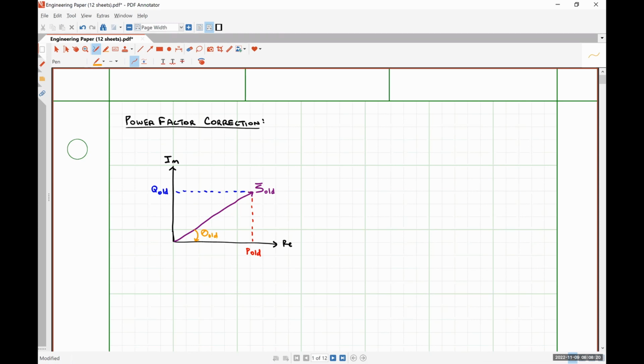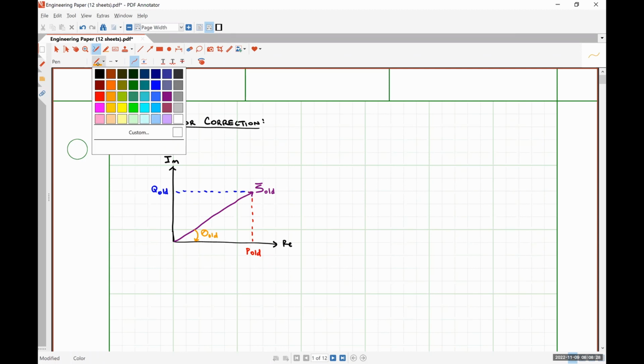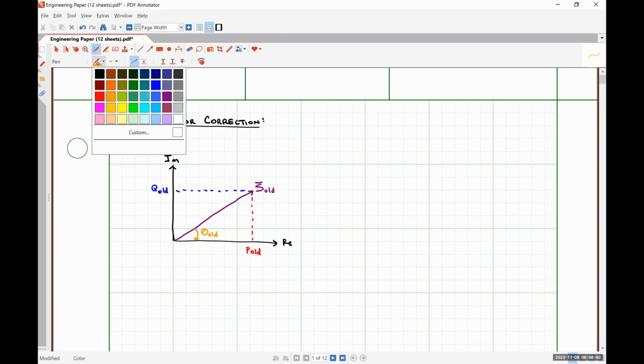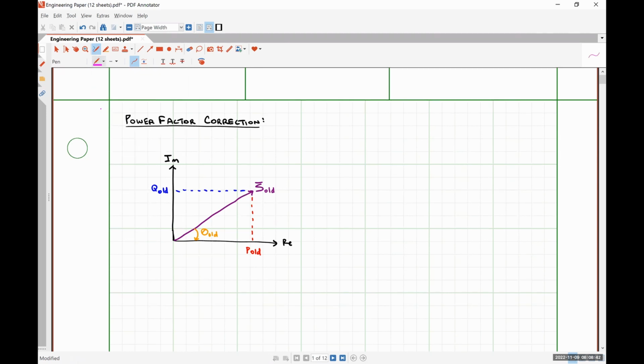There are 2 ways that we can do it. One of them is wildly stupid. So let's talk about that one first, okay? If I increase the resistance of my load, let's do this in pink, right?